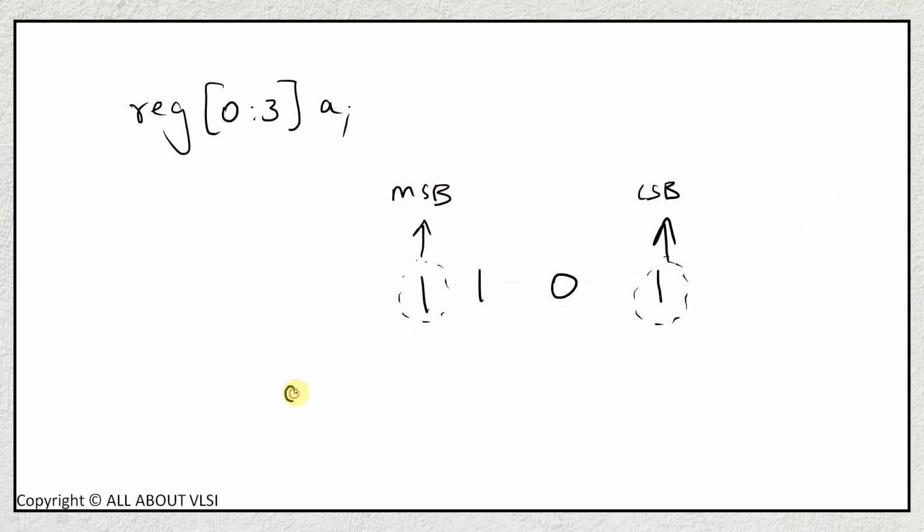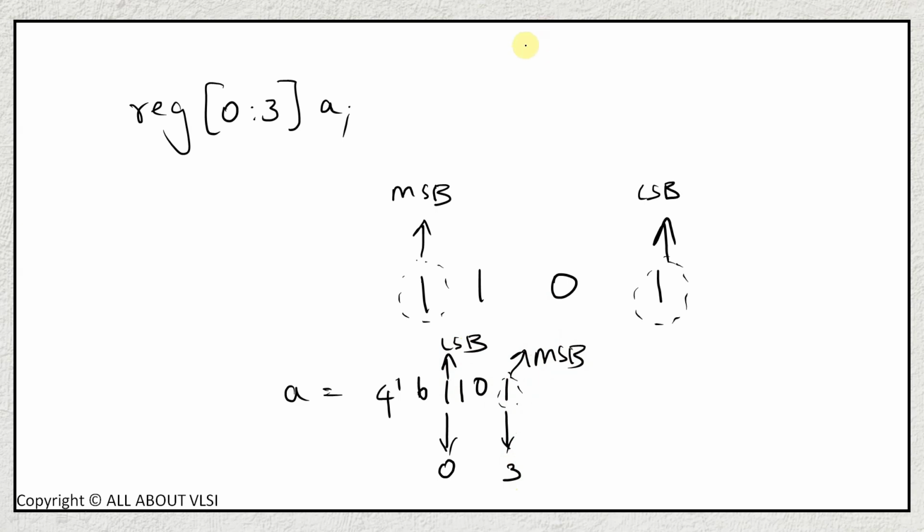Now if we simply write a is equal to 4 tick binary 1101, what is going to happen? What we have declared here is reg 0 to 3 a. So now this will have position index 0 and this will have position index 3. So this will become the MSB and this will become your LSB.